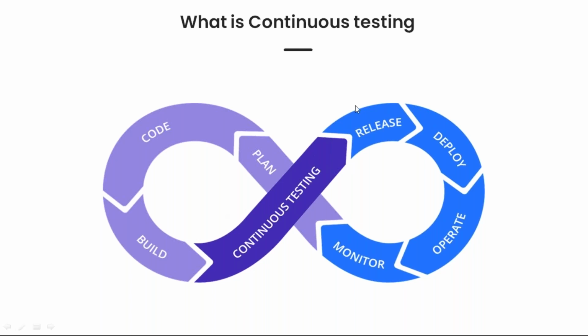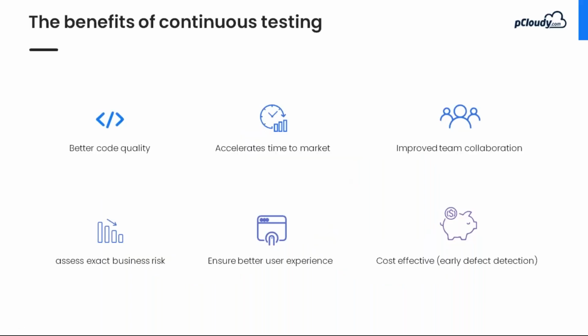Now that we try to understand what continuous testing is and where it fits in the DevOps story, we'll go and see what benefits we can achieve if we are practicing continuous testing in DevOps.